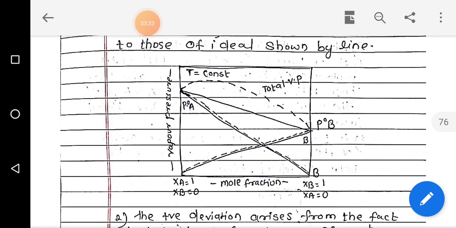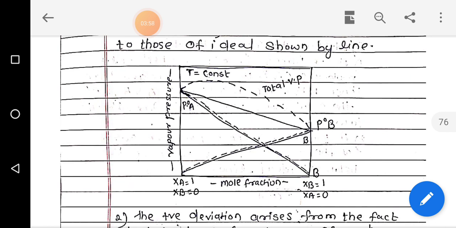When XB is equal to 1, the partial pressure of pure component B is 100%, and when XB is equal to 0, the partial pressure of pure component A is 100%. The total vapor pressure curve is given at constant T, with mole fraction values and vapor pressure shown in the diagram.